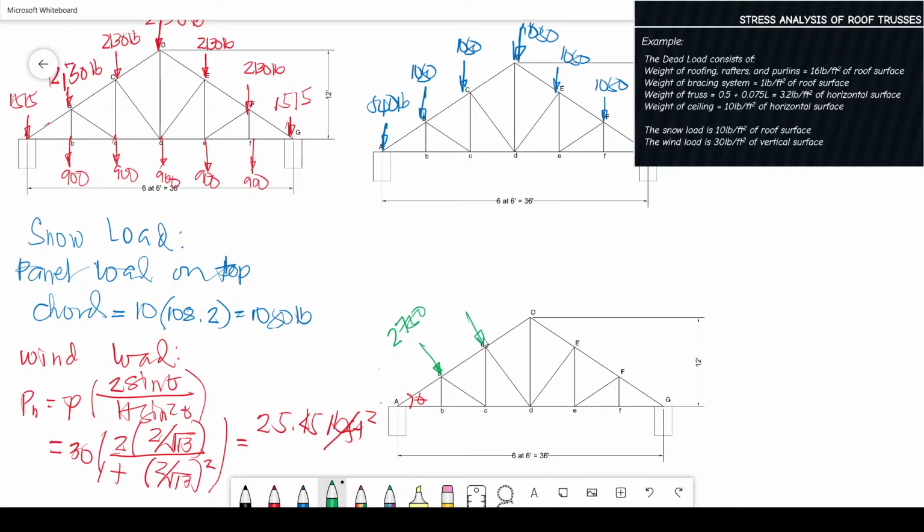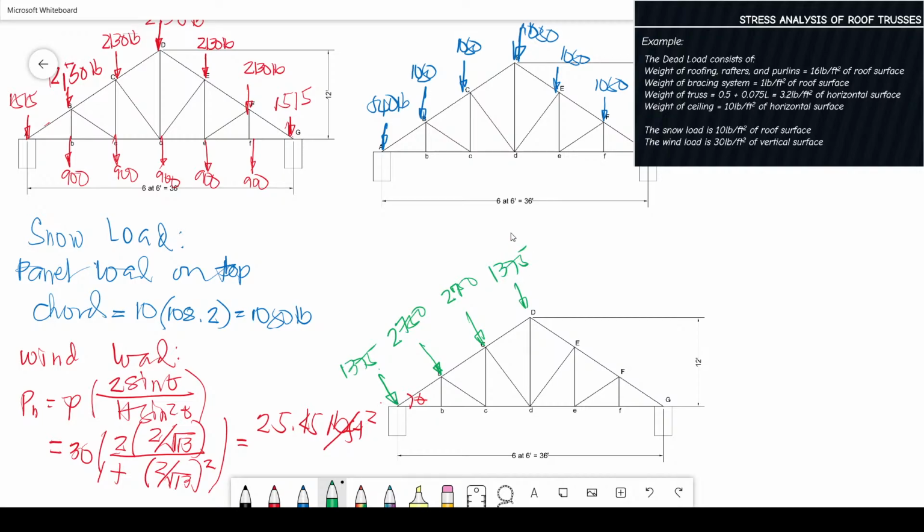By the way, our wind load condition is either left or right, so let's consider left. Imagine the roof with the wind blowing from one side; the other side is the leeward side. This area is half of 2,750, which is 1,375, and this one also is 1,375.